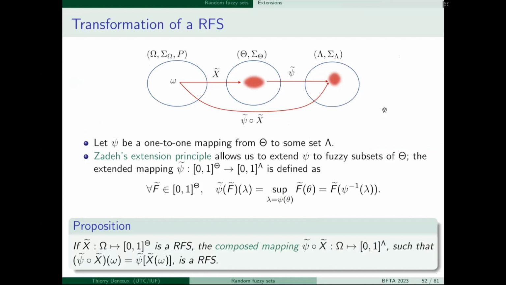Maybe a little bit complicated for you if you're not familiar with fuzzy sets, but it can be done. And we have this property that if x tilde is a random fuzzy set, and you compose x tilde with the extended function psi tilde, then you still get a random fuzzy set. So now you get a random fuzzy set from omega to the power set of lambda.